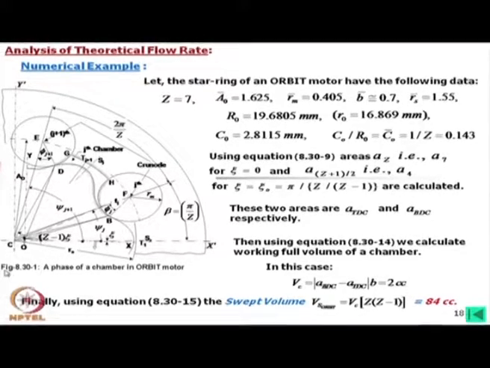So, diameter will be 120 millimeter, which is less than 5 inch. 120 millimeter will be something like this. So, this is the size of the motor, and thickness is only 14 millimeter. If you multiply with this, it is close to 14 millimeter, but you see how much volume is required for one rotation. Obviously, this is due to the gearing action inside. So, in this way you can calculate the swept volume. Also, you obviously have to make the numerical integration to find out the volume displacement of such machines.